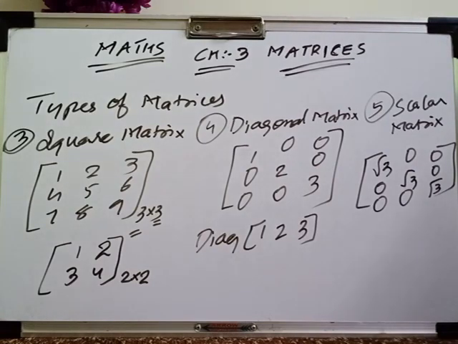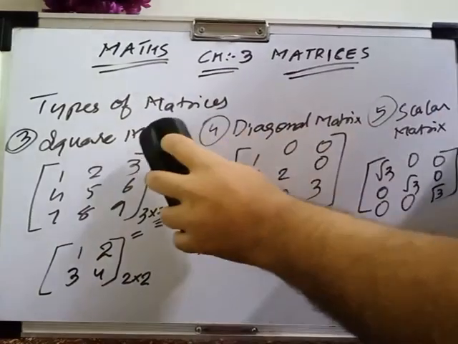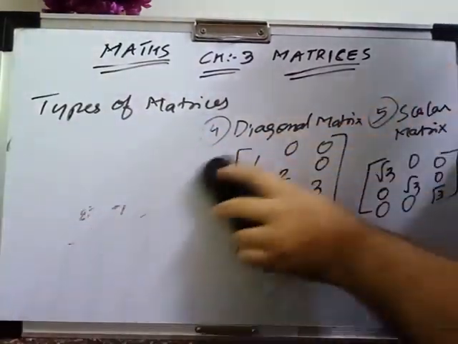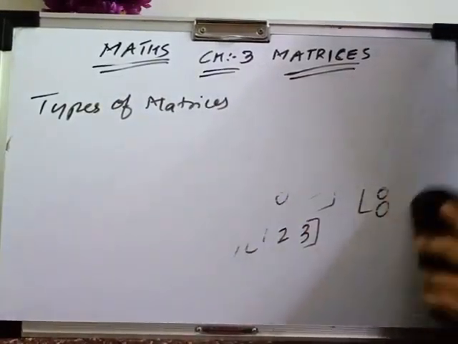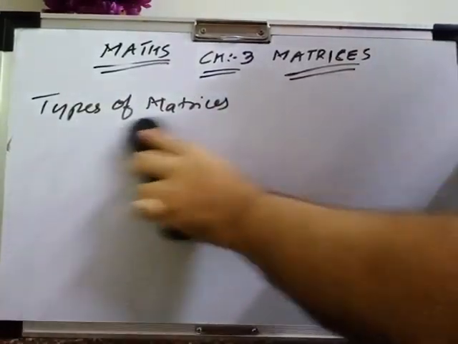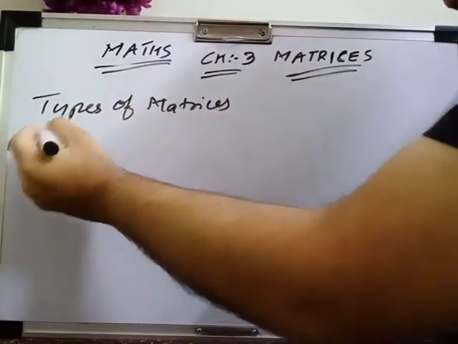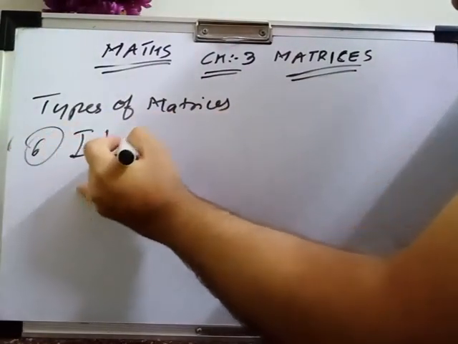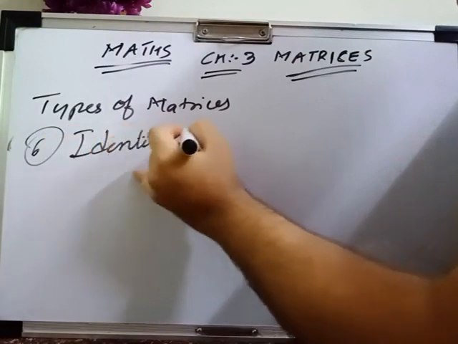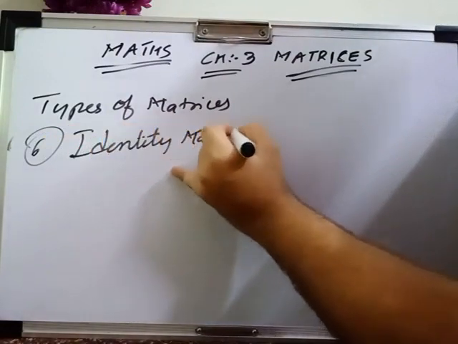And the sixth type of matrix is identity matrix. Right?